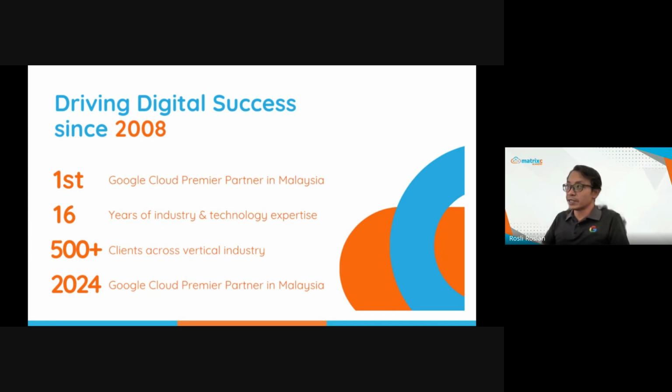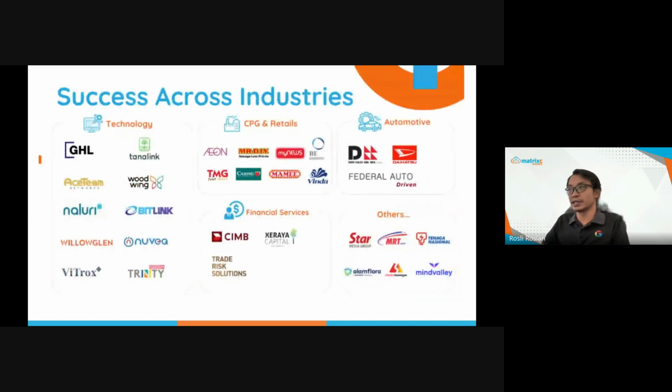Let me introduce MatrixC quickly. We are Malaysia's first Google Cloud Premium partner, established in 2008, and we were just awarded Google Cloud Partner of the Year in 2024. We have over 500 clients across various industries, and we specialize in three key pillars: collaboration, data enablement, and artificial intelligence.